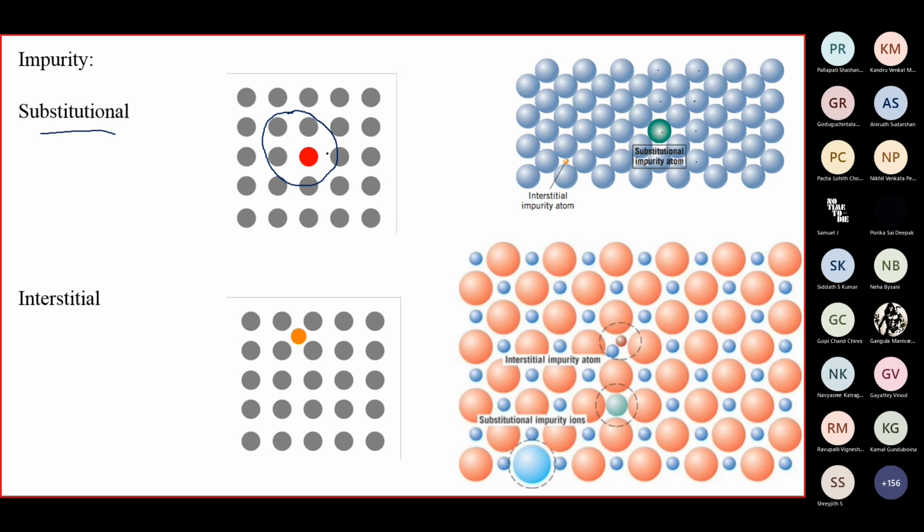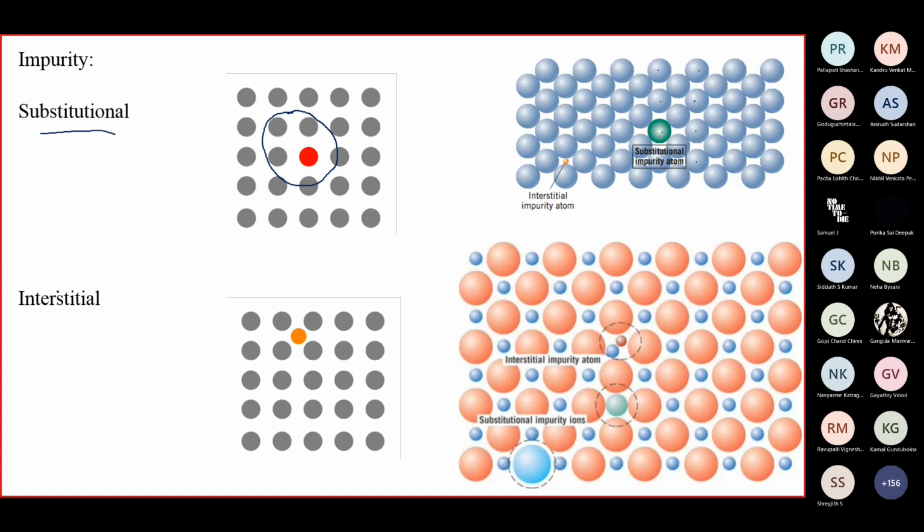Do you agree? This certainly affects the behavior of this crystal when such substitutional impurities are more. If the number is negligible, very few, of course the crystal will tolerate it. If it is more, certainly the alteration in energy region will go on increasing, and that affects the final performance or characteristics of the material.